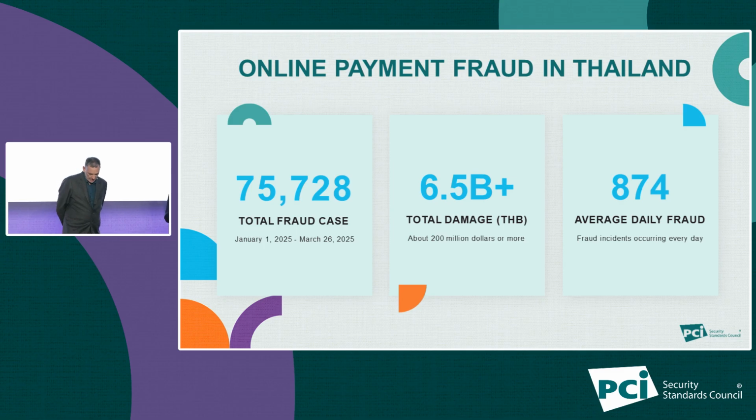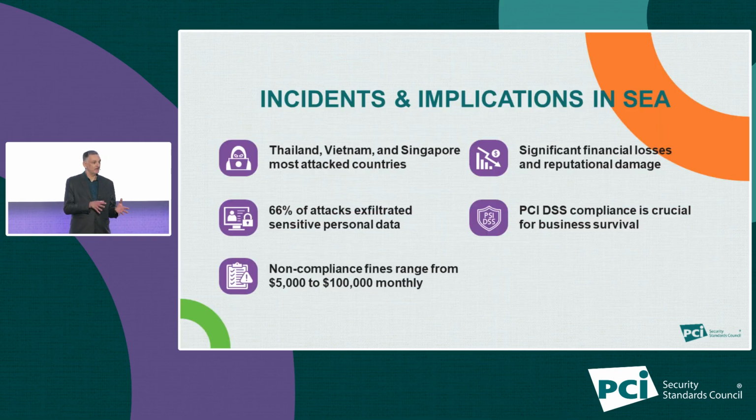Certainly, Kay. From the 2024 reports, what is notable is that Thailand is one of the most attacked countries in Southeast Asia, with 27% of the attacks against Thailand, followed by Vietnam with 21% and Singapore with 20%.